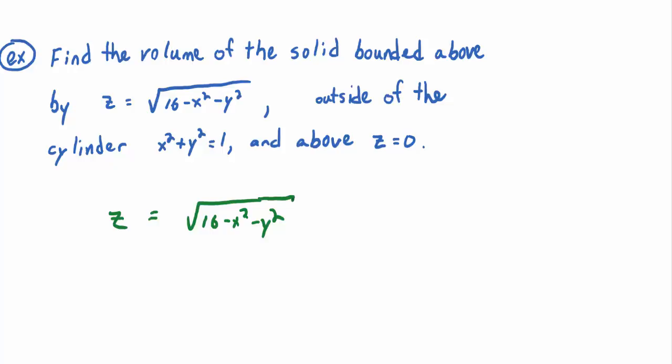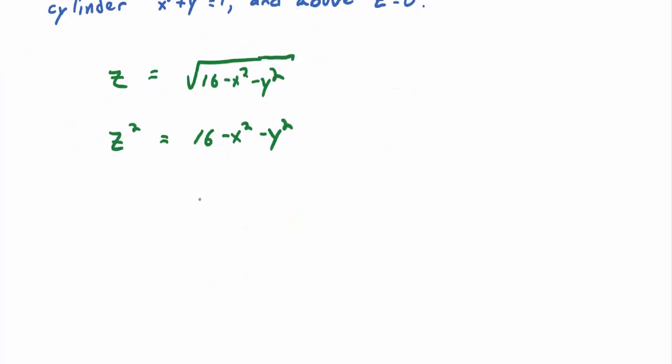It might be more recognizable if you square both sides. That gives you z squared equals 16 minus x squared minus y squared. And then what else could you do to make it even more recognizable? What is this? There you go.